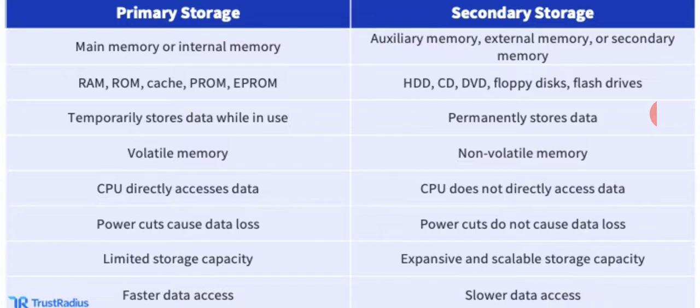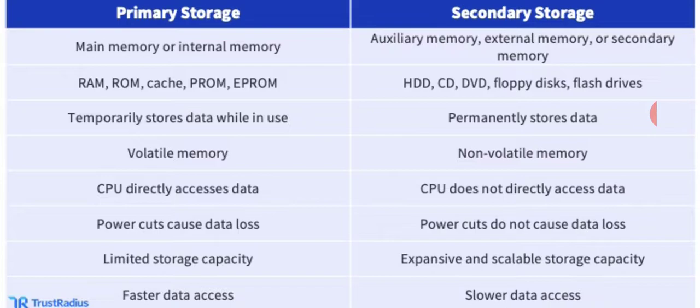But in case of a sudden power cutoff, the primary memory loses all the data fed into it, but the secondary memory does not. Even the storage capacity of the primary memory is very less as compared to the secondary memory.